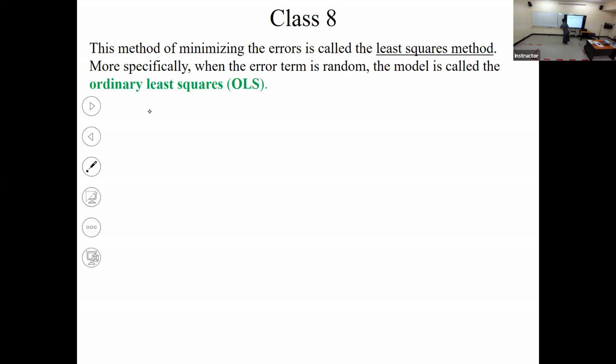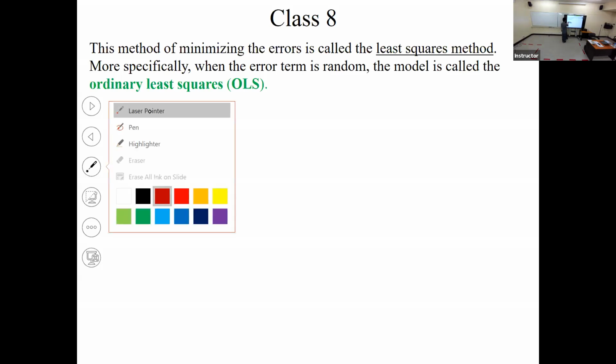More specifically, when the error term is random, the error term is the epsilon. Sometimes the error term is not random. It has some patterns. Then we have to think about some other models. But if you are lucky and the error term is completely random, then this model can be called ordinary least squares. Not just least squares, but we put ordinary. So this is the luckiest case.